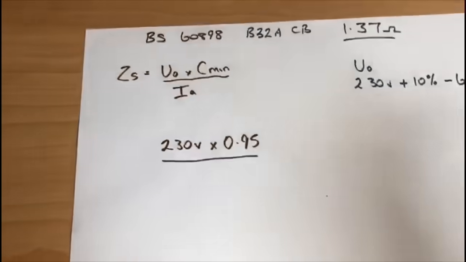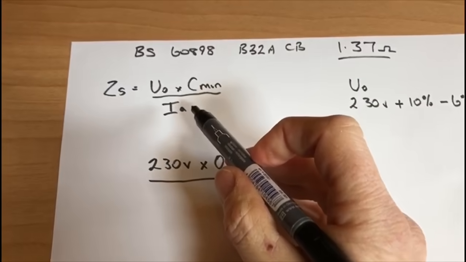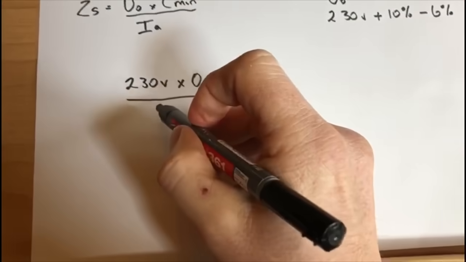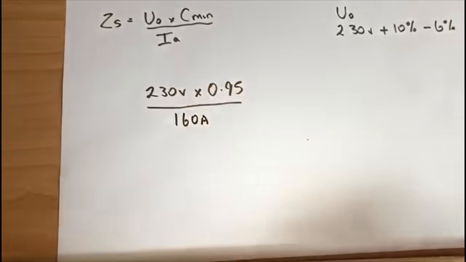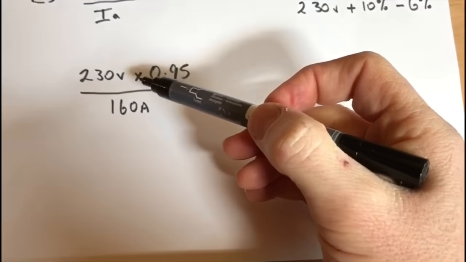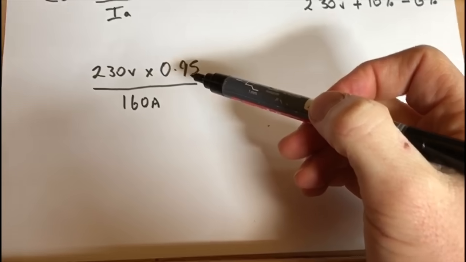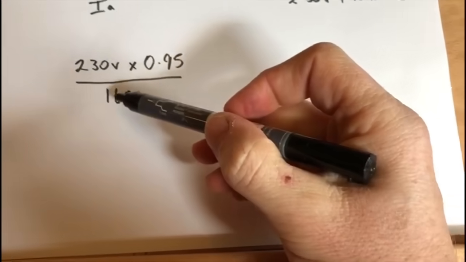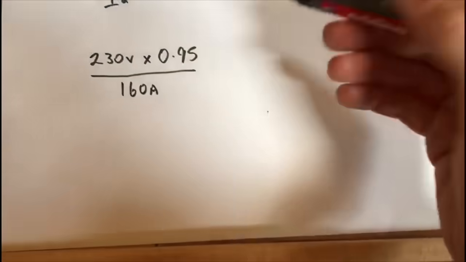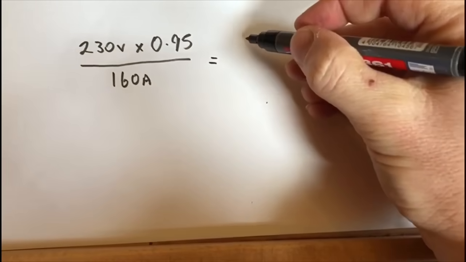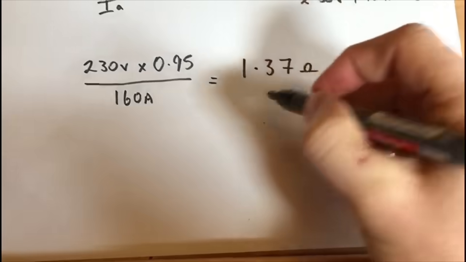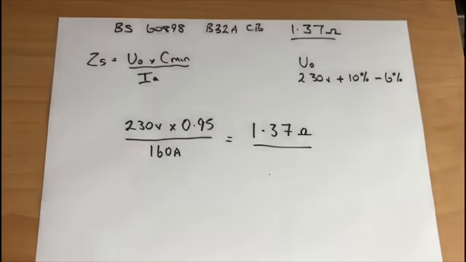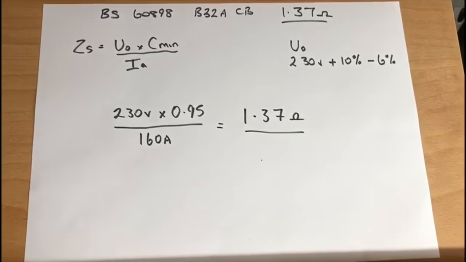So now the IA has become 160 amps. Our 230 volts times our C minimum factor, divide that by 160, that gives us our 1.37 ohms.